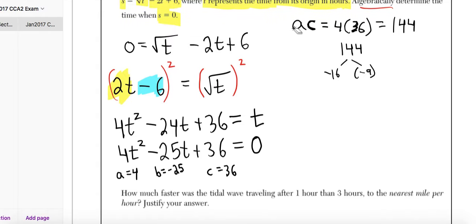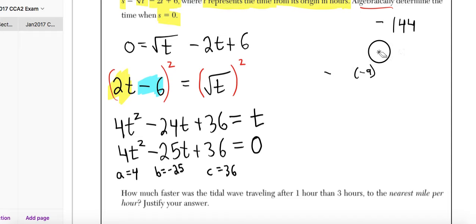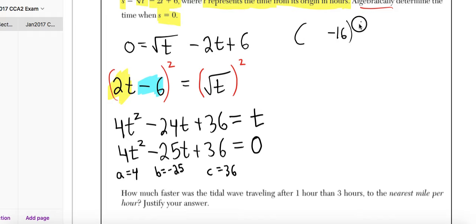Now here's where my method is different than factor by grouping or borrow payback. Here's how I'm going to do this. We got negative 16 and negative 9, right? Now let's say that the leading coefficient was 1. Let's say it was just t squared minus 25t plus 144. The two numbers that multiply to positive 144 and add to negative 25 would be these two right here.